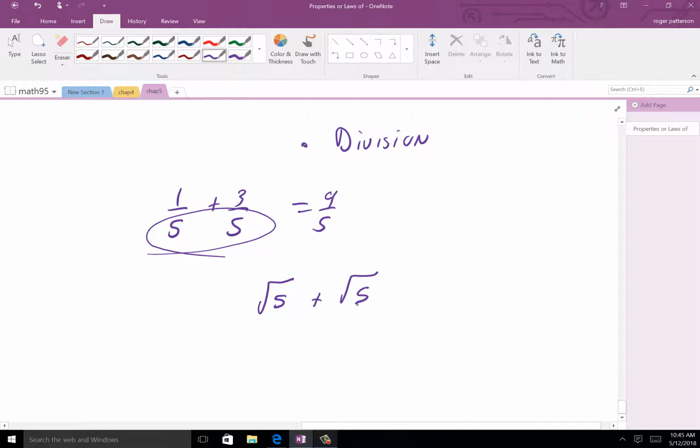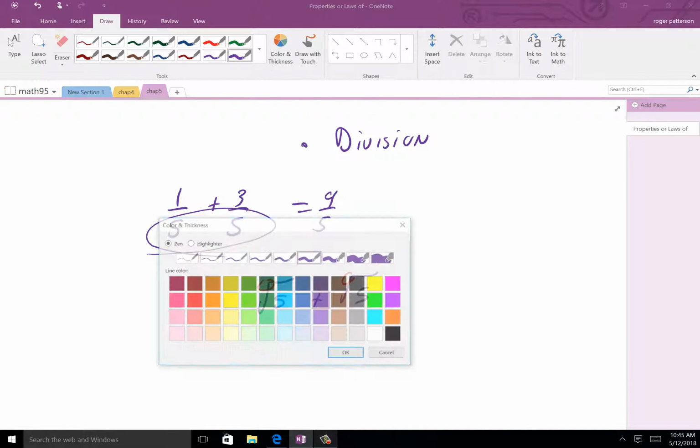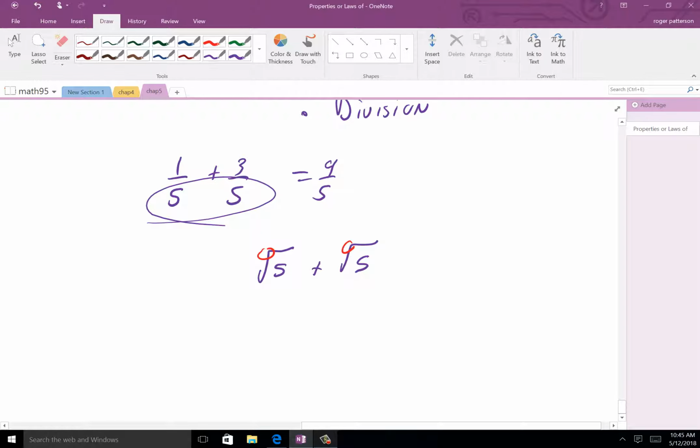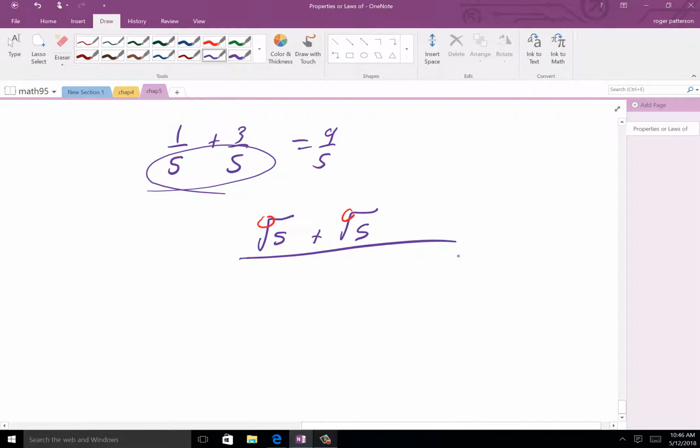Whatever's underneath has to be the same, and of course, the root has to be the same. We can't add things that have different roots. It doesn't work. We can't do a square root and a cube root and add those things up. But we can as long as the roots and the numbers underneath are the same.